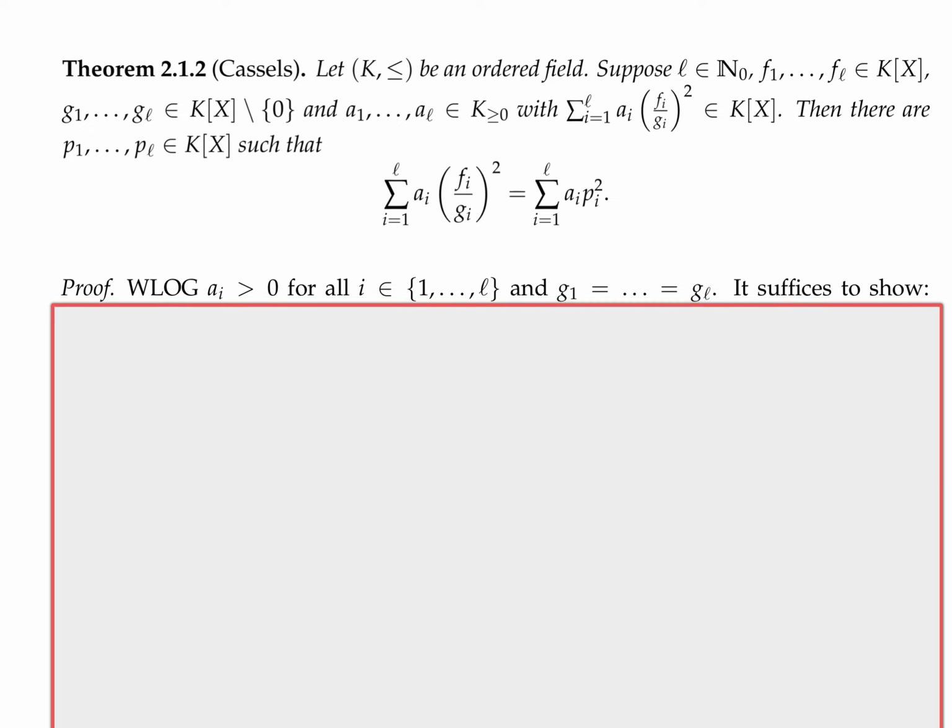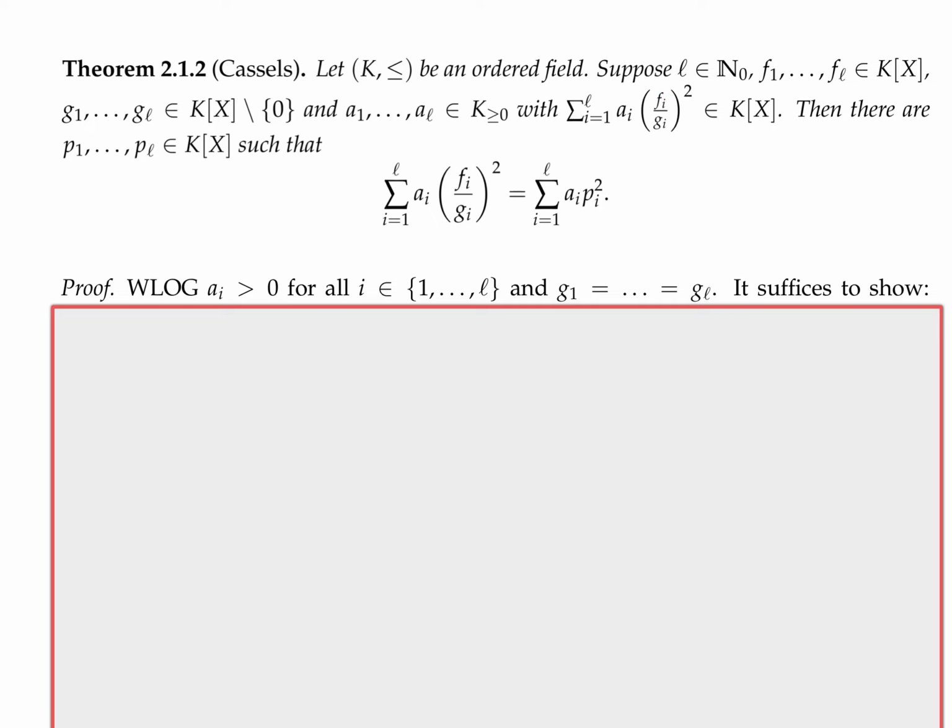So without loss of generality, I can assume that each ai is bigger than 0, because otherwise those who are 0 obviously don't play any role here, right? And I can assume that all these denominators Gi are the same, because I can just use a common denominator by multiplying the Fi's with suitable polynomials.